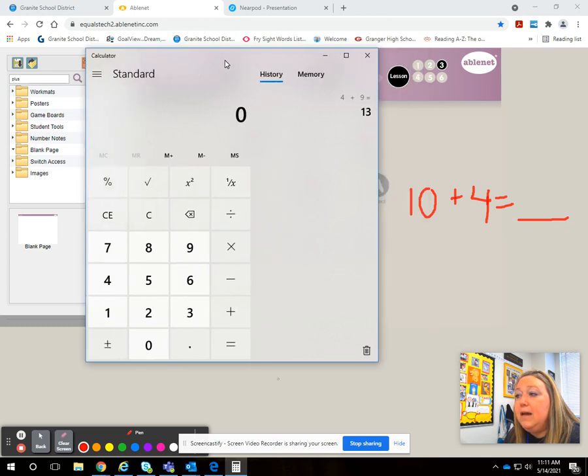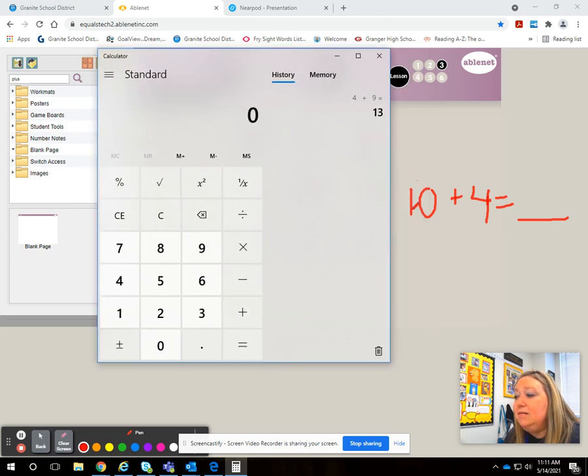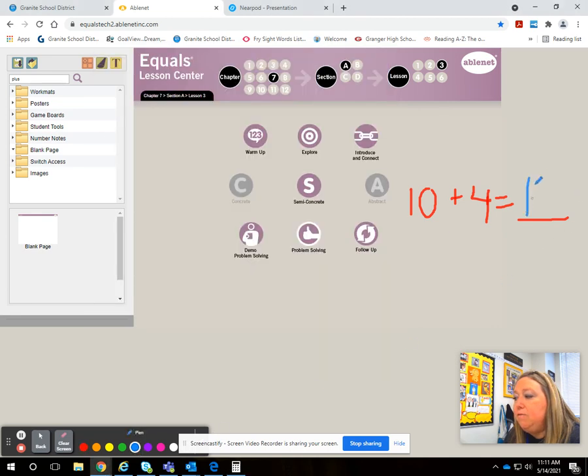Okay, now I needed to find a 10. So, oh, there is no 10. So I have to actually type in 10 for that one. Okay, so 10 plus 4, and then I hit the equal sign, equals 14 is my answer. So I will write 14 as my answer right there.